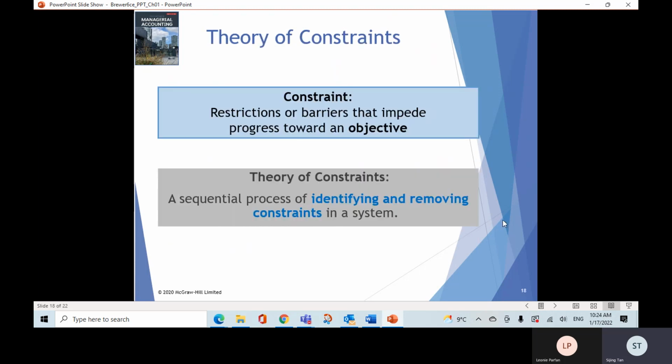The next one is the theory of constraints. This theory focuses on effectively managing any obstacles that might prevent organizations from achieving their objectives. It focuses on managing constraints as the key to success.